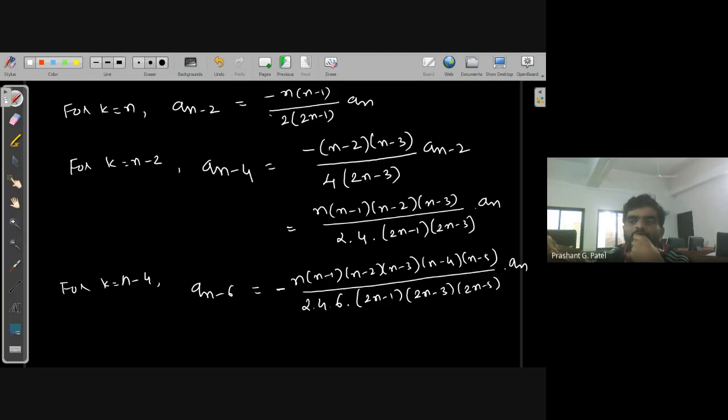We will substitute all these values of an minus 2, an minus 4, an minus 6 into equation 2.